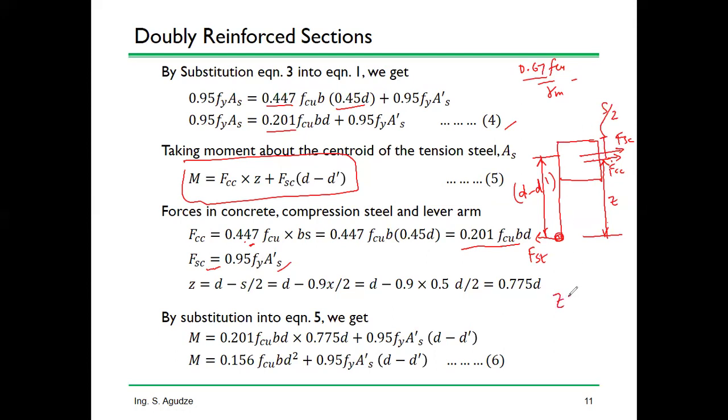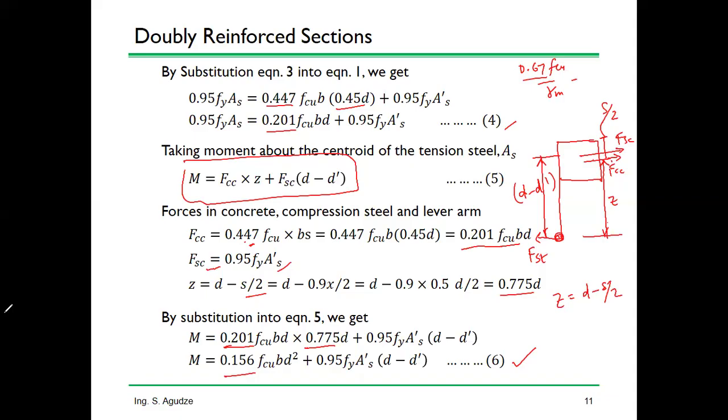So Z can also be equal to D minus S over 2. That's what you are seeing here, and simplifying that to get 0.775 D. So by substitution, we now substitute what we have done into equation 5, and then with further simplification, this one by this will get 0.156, and then we'll generate equation 6.